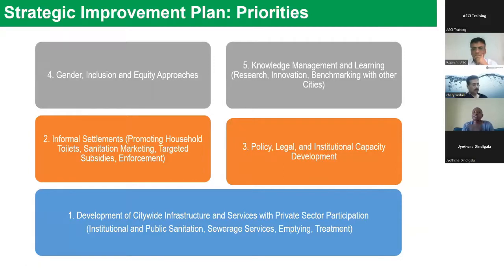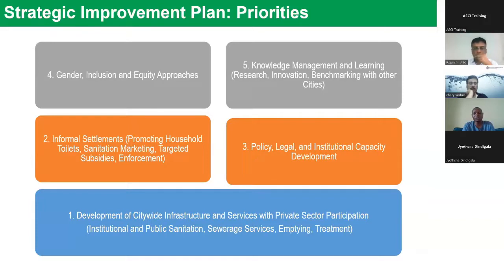So like we said in the CWIS framework, at that time we were not even discussing CWIS, but we were anyway following the CWIS framework principles. We decided to start looking at what could be the priority. First of all, we had to think about increasing infrastructure and services on a citywide scale.